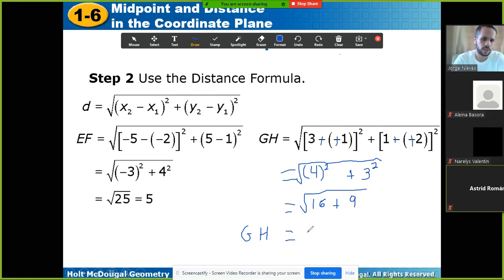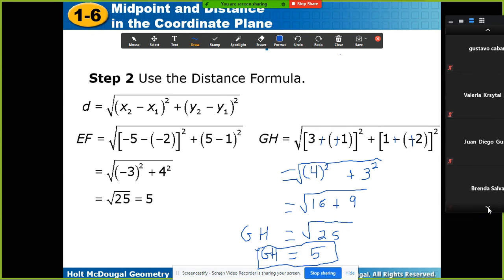Any questions, students? So both distances are 5 when we evaluate the square root. So basically, this is how we apply the distance formula to find the distance between different coordinates. ¿Preguntas, dudas?